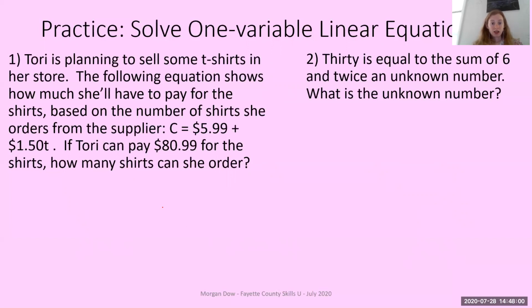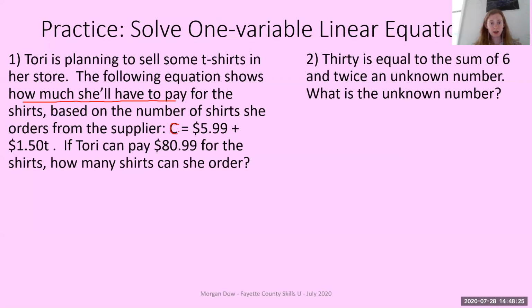So, C equals $5.99 plus $1.50 times T. If Tori can pay $80.99 for the shirts, how many shirts can she order? So let's think about this equation. It says the equation shows how much she'll have to pay. So the total cost, right?